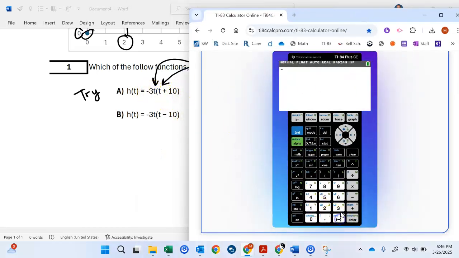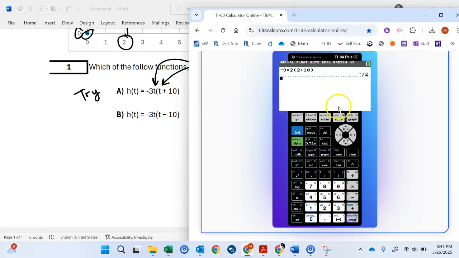So I put negative 3, then times 2, then parentheses, t again, so 2, times, and then plus 10.